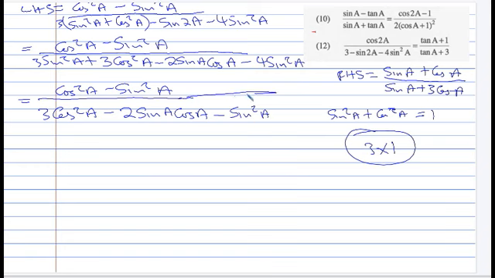All right, there we are. Now, there we are with the trinomial that I was talking about. We have a trinomial that looks like this. It is 3a squared plus or minus 2ab and then minus b squared.